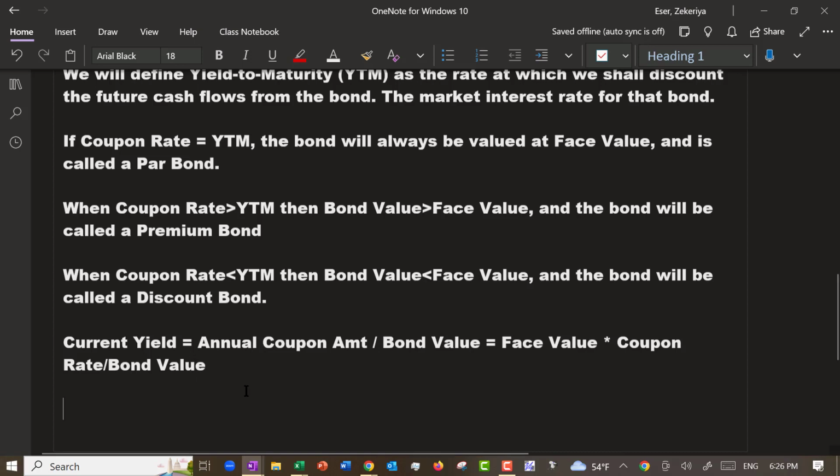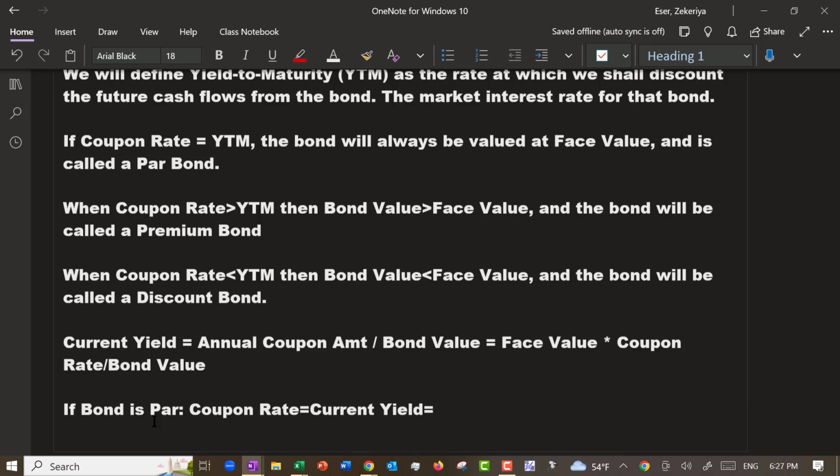And you can always say the following: if the bond is par, coupon rate equals current yield, that's equal to YTM.